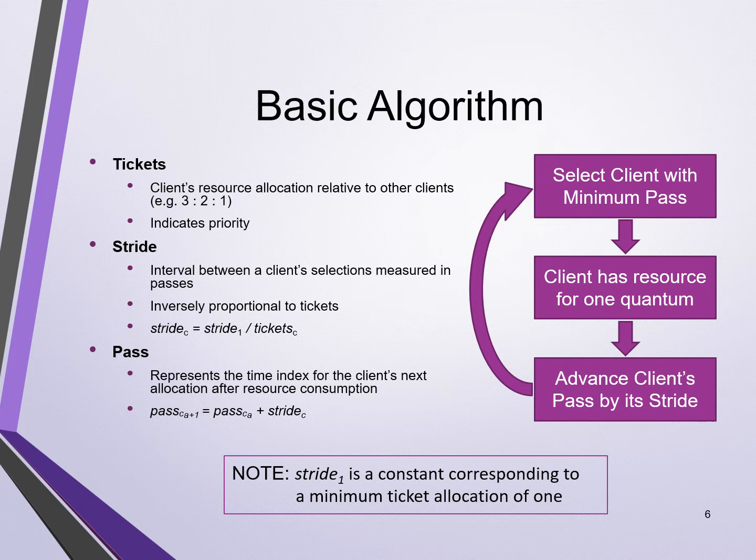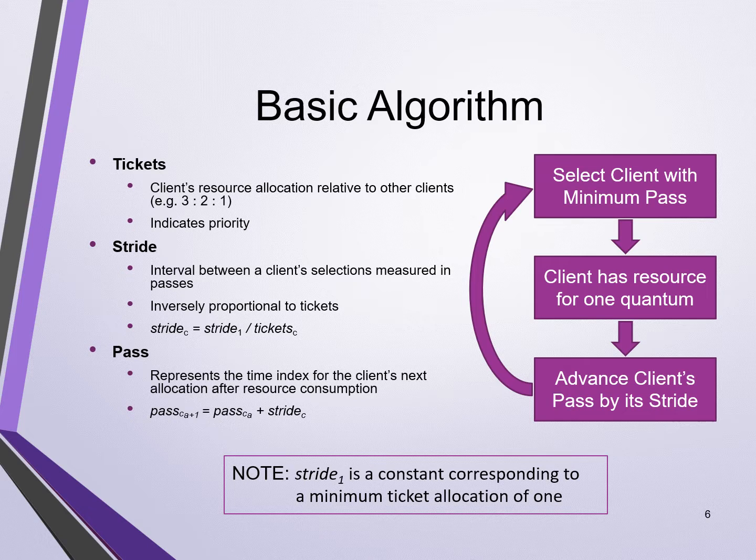And then finally, the client's pass represents the virtual time index for the client's next selection after it uses a processor or resource. The client's next pass becomes its current pass plus its stride. Performing the allocation then is simple. The client with the minimum pass is selected.